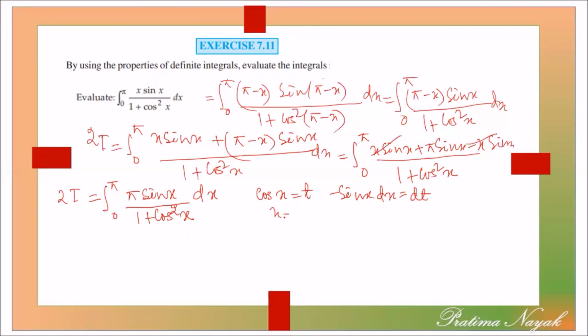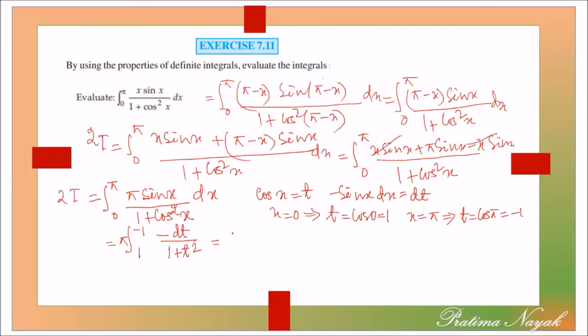X was 0, so t is equal to cos 0, that is equal to 1. And the upper limit was pi, then t is equal to cos pi, that would be minus 1. So I am getting 1 to minus 1, pi I am taking outside, minus dt by 1 plus t square.